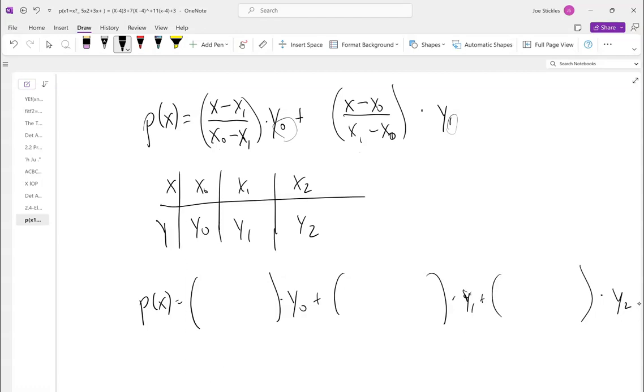In particular, if I want to make sure that this one's not 0 when I plug in x0, and then I want zeros for the other ones, what do you think my numerator should be? I want to make sure that it's 0 when you plug in x1, and it's 0 when you plug in x2. What do you think your numerator should be? Yeah, you should probably have an x minus x1 and an x minus x2, right? We agree with that?